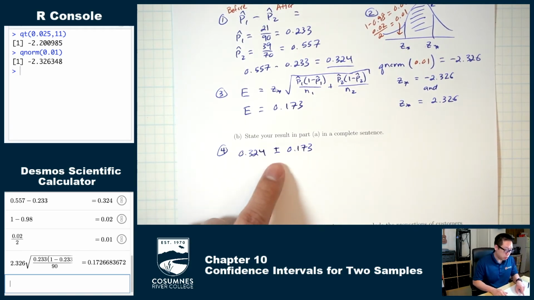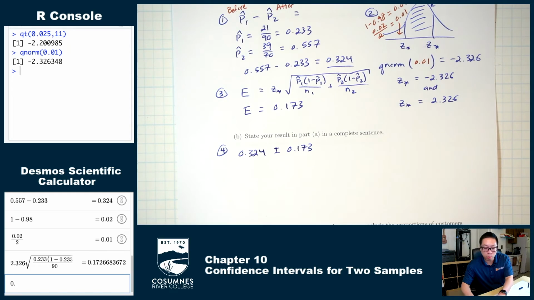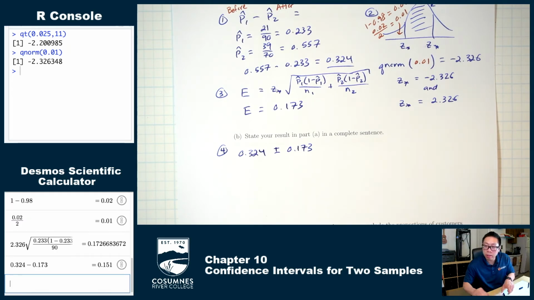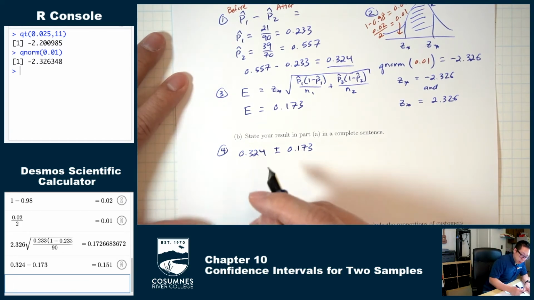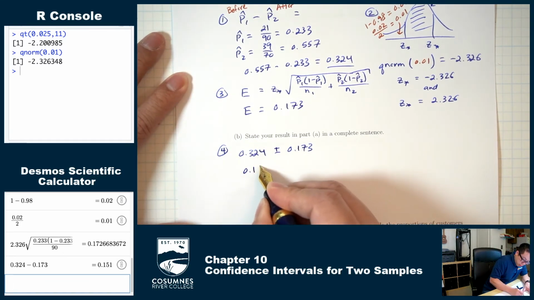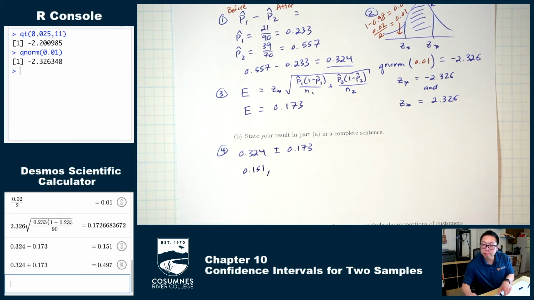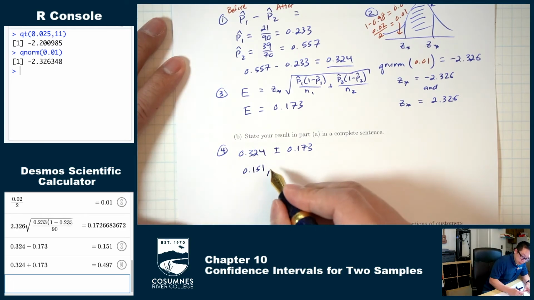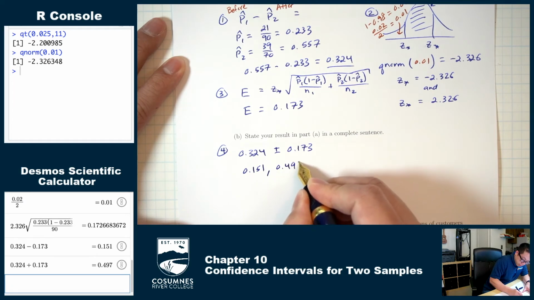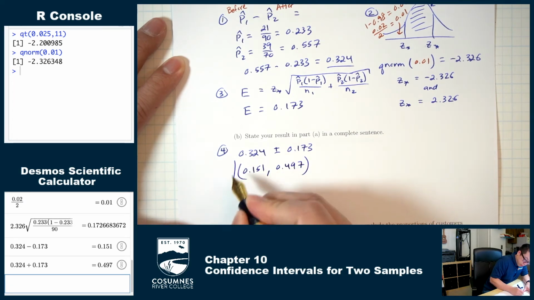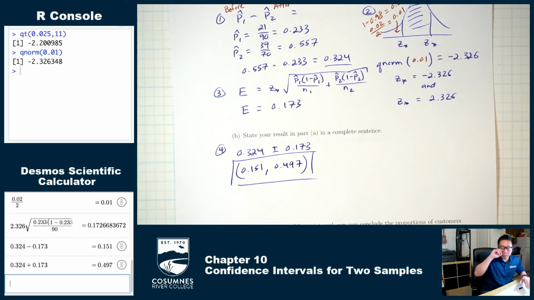To get my low number, subtract 0.324 minus 0.173. 0.151 is my low number. My high number, plus: 0.324 plus 0.173, 0.497. And that's my confidence interval.